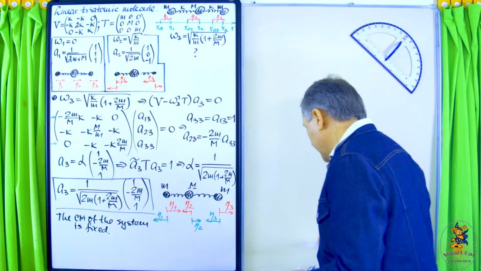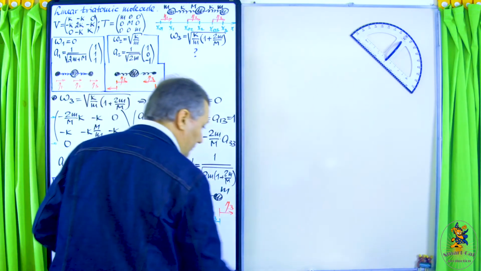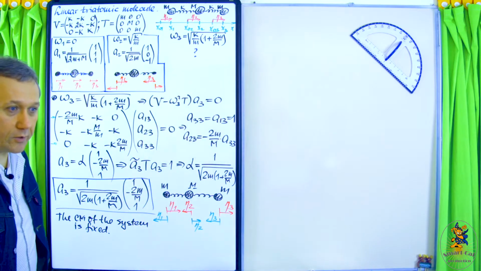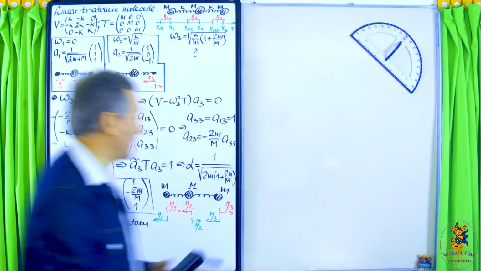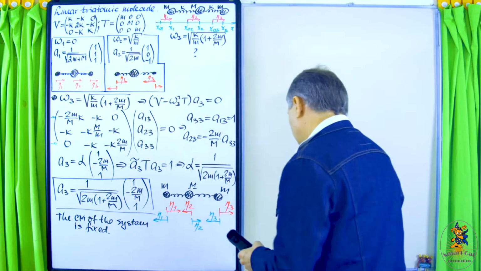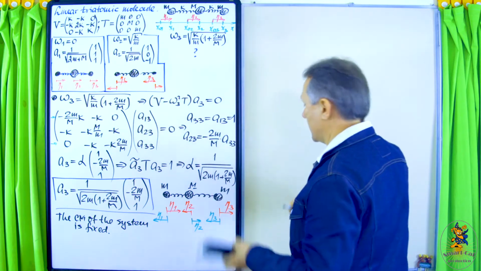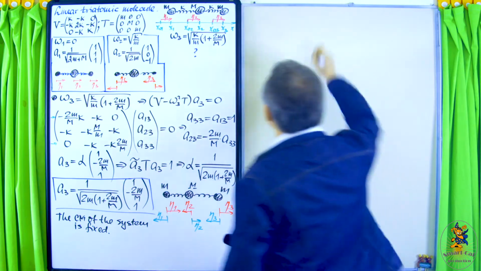So now, after this, we have all the ingredients, all the pieces, in order to start writing down the general solution. So all preliminary steps are done. So now, first the general solution of the whole system, and then normal coordinates.